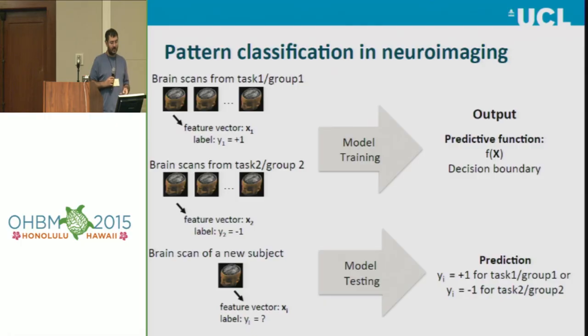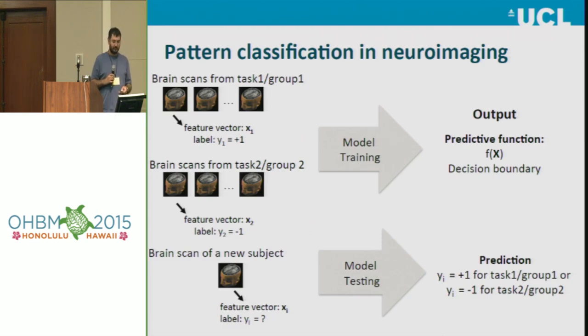So we'd have one set of brain scans from which we've extracted a feature vector. So X1 here is a feature vector. I'll talk about what exactly that means in a moment. And we'll have a corresponding label that tells us which task or group the scan is associated with. And we'll have this for, for example, two different tasks or two different groups, if that's what we're interested in.